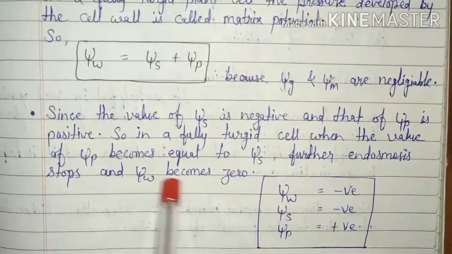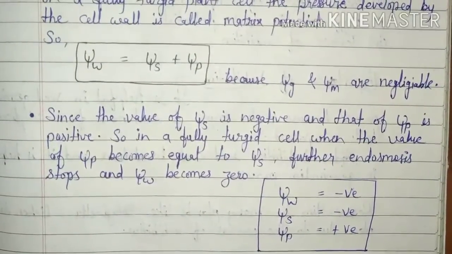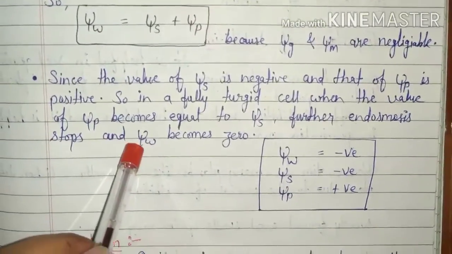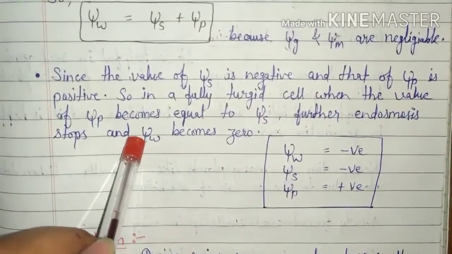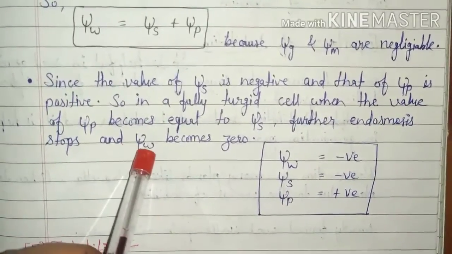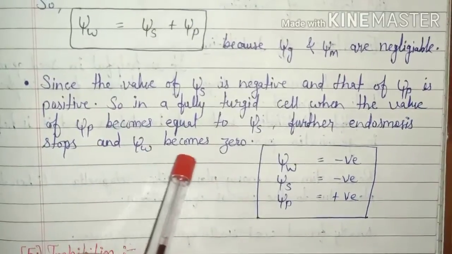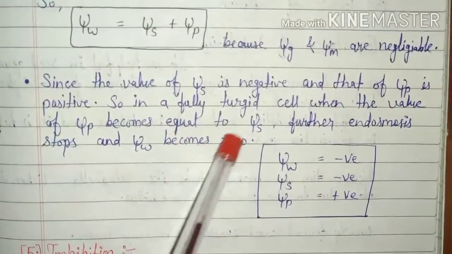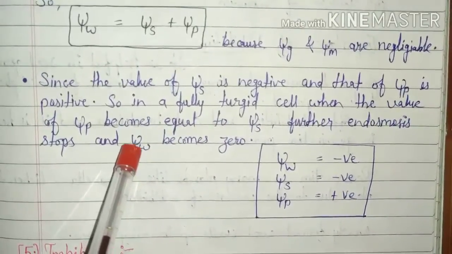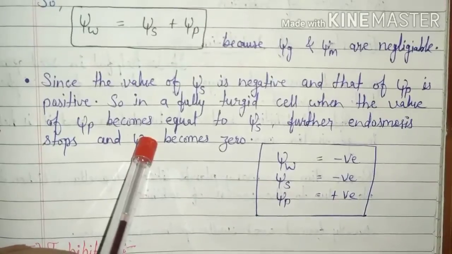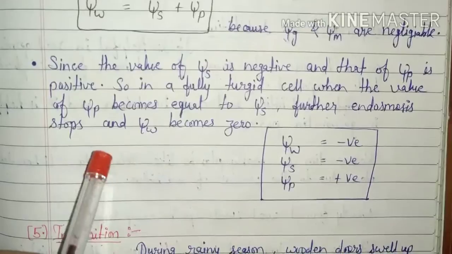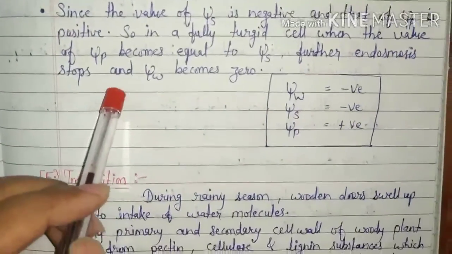At the equilibrium stage, when the cell is normal turgid, there is a difference between psi S and psi P. But when the plant cell is in fully turgid condition, then the demand of water is fulfilled.